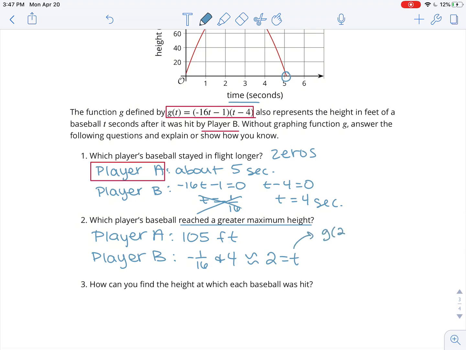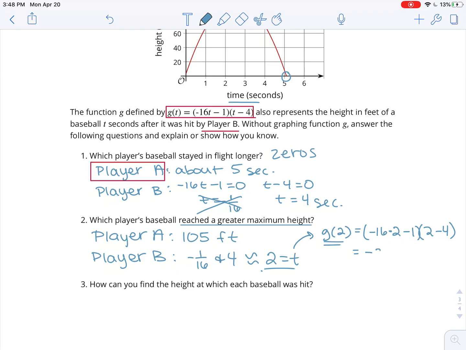So we can figure out g of 2, right? What is the height of the ball for player B at the vertex, which would be when t equals 2, and we can say negative 16 times 2 minus 1 times 2 minus 4.